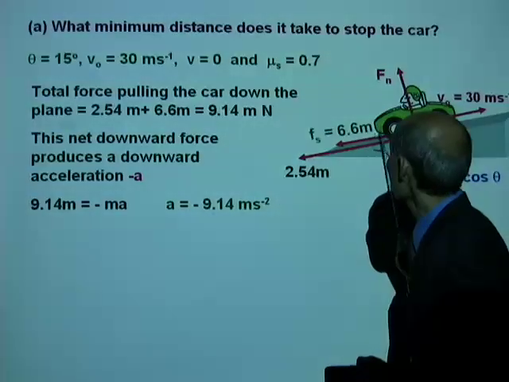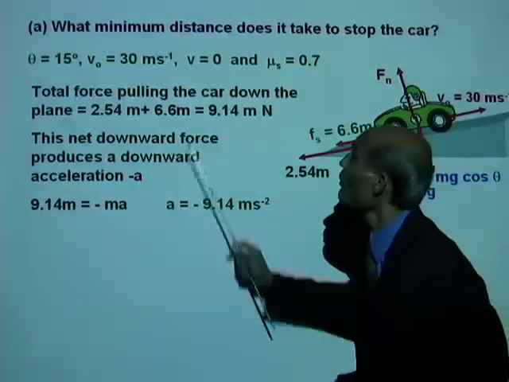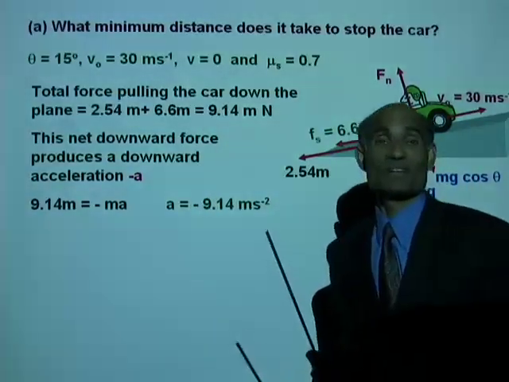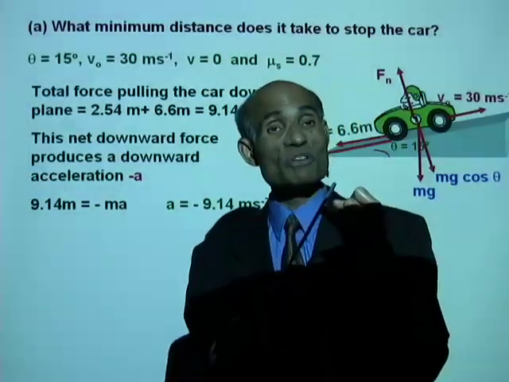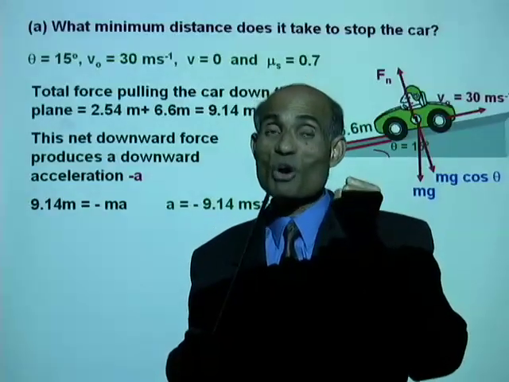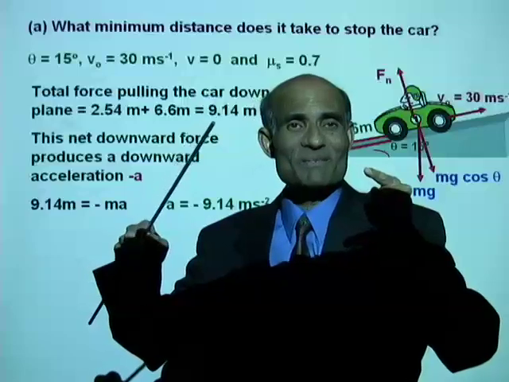The question is, what is the distance the car will travel before coming to a stop under these conditions? Tell me, what is the equation we are going to use? We know the initial velocity, we know the final velocity, we know the acceleration, we need to find the displacement.